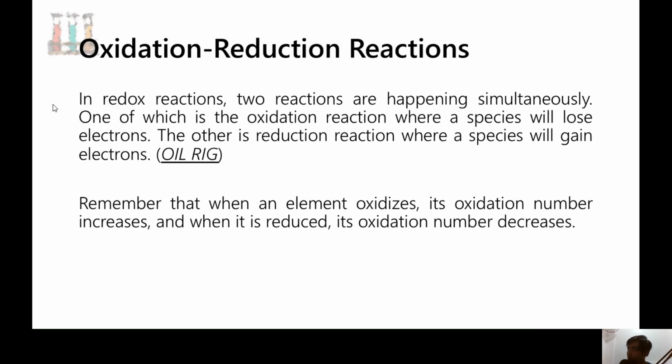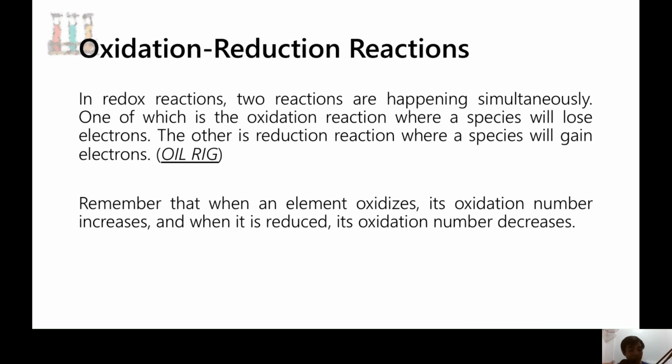Okay, but anyway, so let's proceed with this one. So let's go back to the redox reaction. Balik tayo. So in redox reaction, two reactions are happening simultaneously. That's the reduction reaction where your substance is losing electron, and oxidation reaction in which your substance will, baliktad pala.